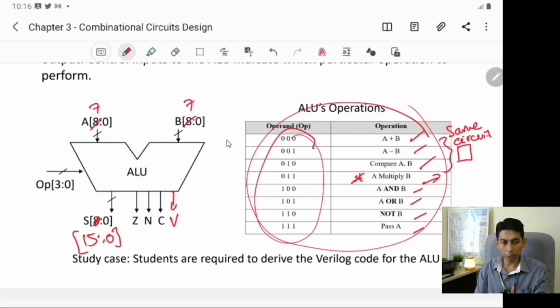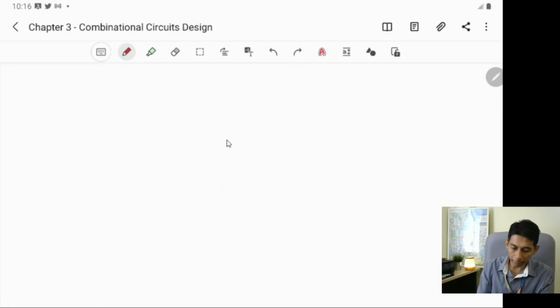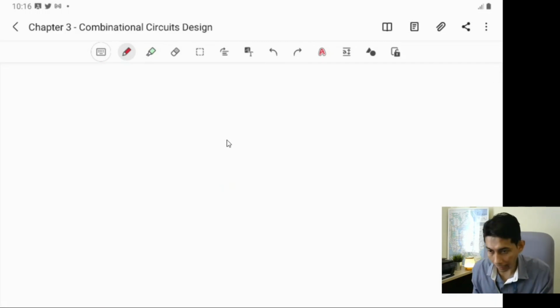And how to get this control signal? How to do that? The answer is to use the multiplexer. So we have the multiplexer to design an ALU.